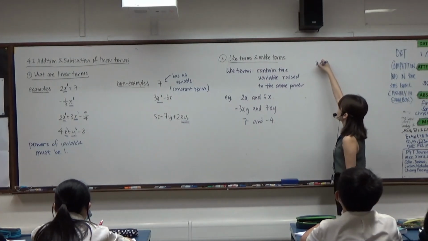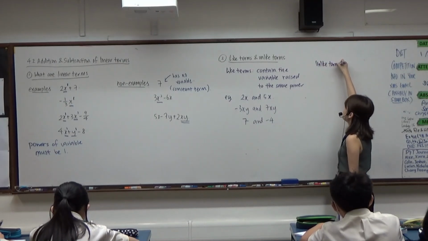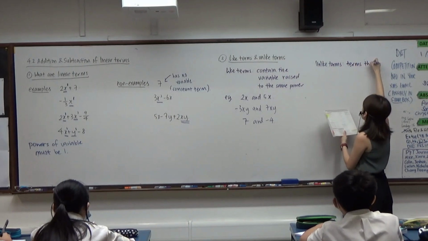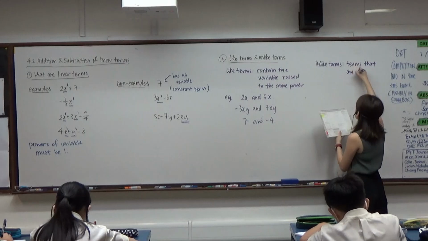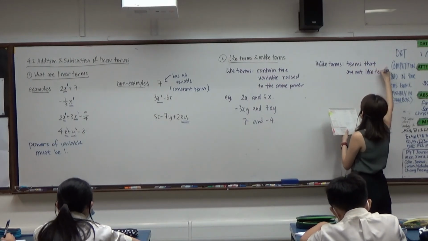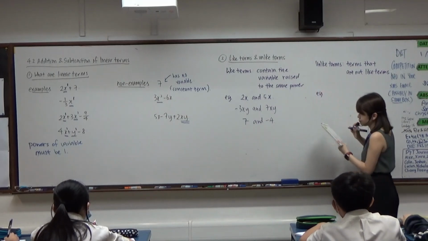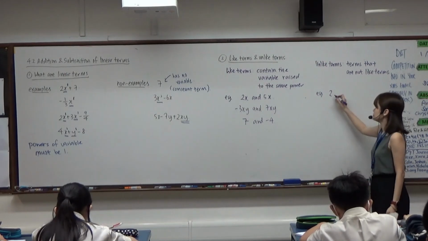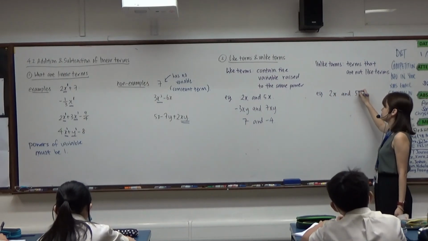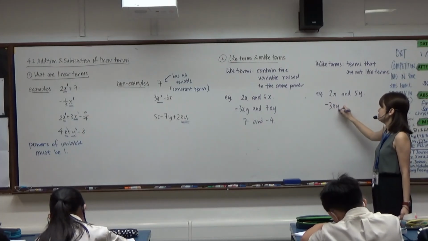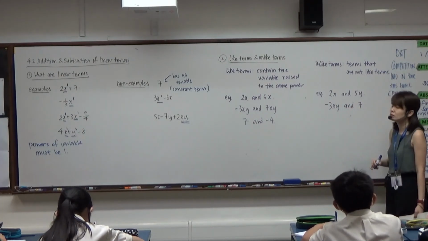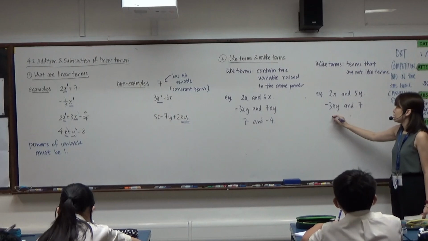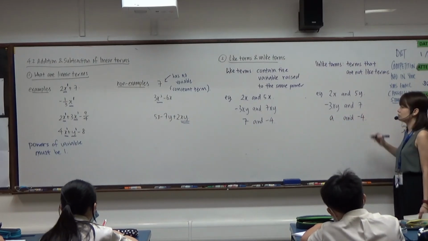Let me show you the contrast so that you can realize what I mean. Unlike terms are simply not like terms. So for example, I will have 2x and maybe 5y, negative 3xy, 7, and then maybe a and -4.